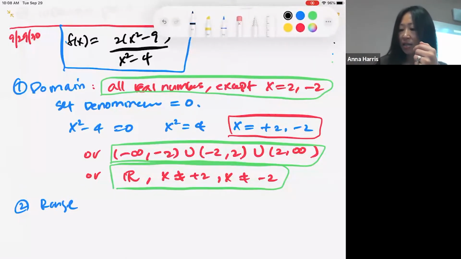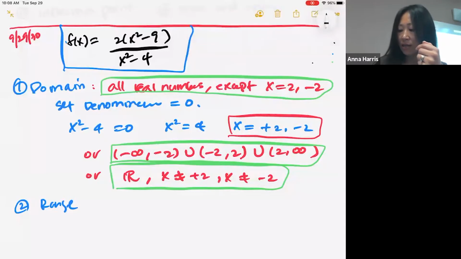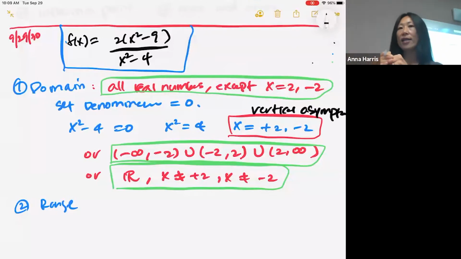The denominator, this one right here, this is your vertical asymptote. When your denominator becomes 0, that x which makes the denominator equal to 0 is your vertical asymptote. So when you find your domain, you're actually also doing another part of this homework, which is finding the vertical asymptote.